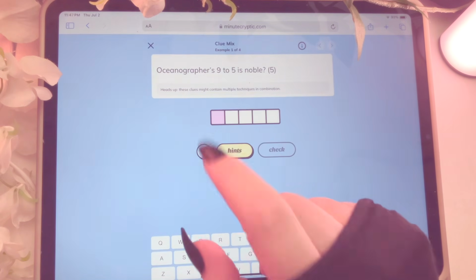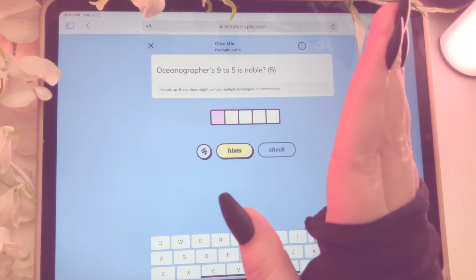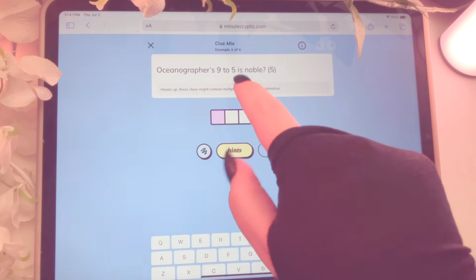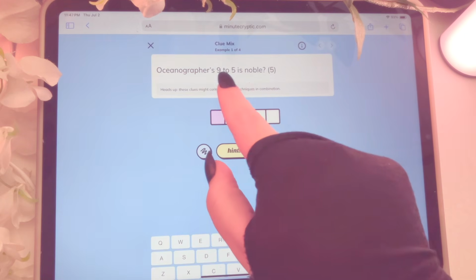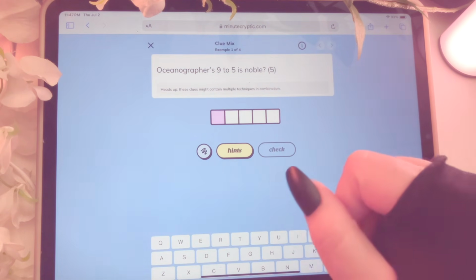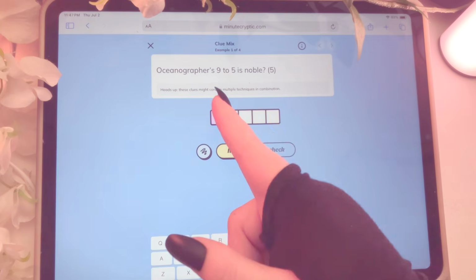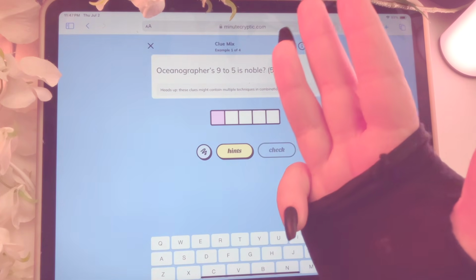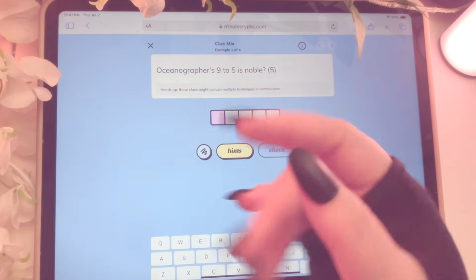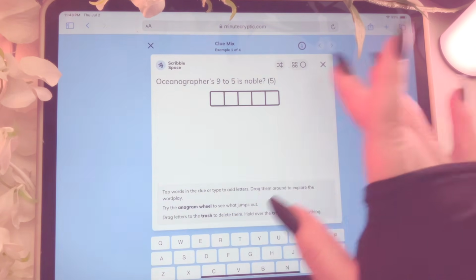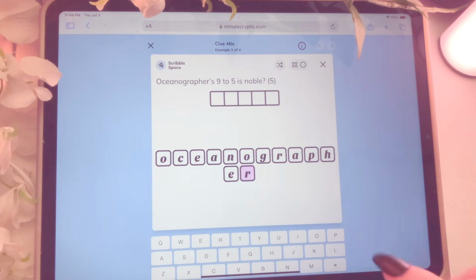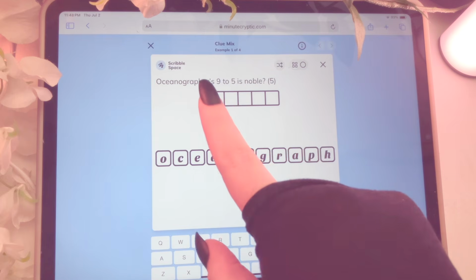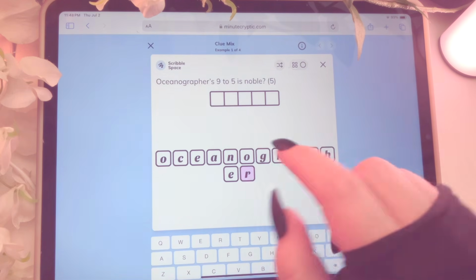I think actually the indicator is simultaneously a selection indicator and a reversal indicator. And I believe that it's 9 to 5. Because we know it's 5 letters, and I thought, hang on a second. 9, 8, 7, 6, 5. That would be 5 letters. So if we take oceanographer here, maybe we go from its 9th to its 5th letter.